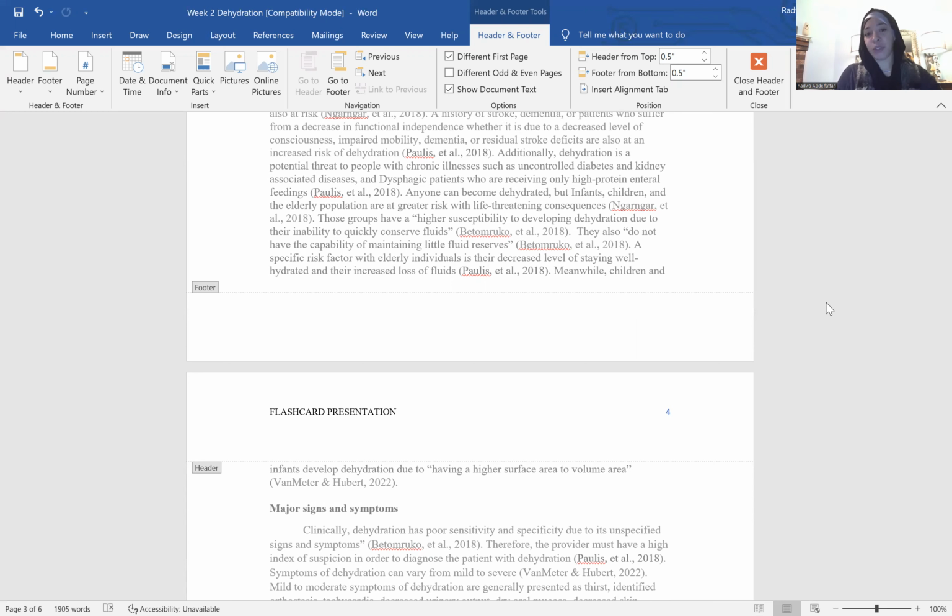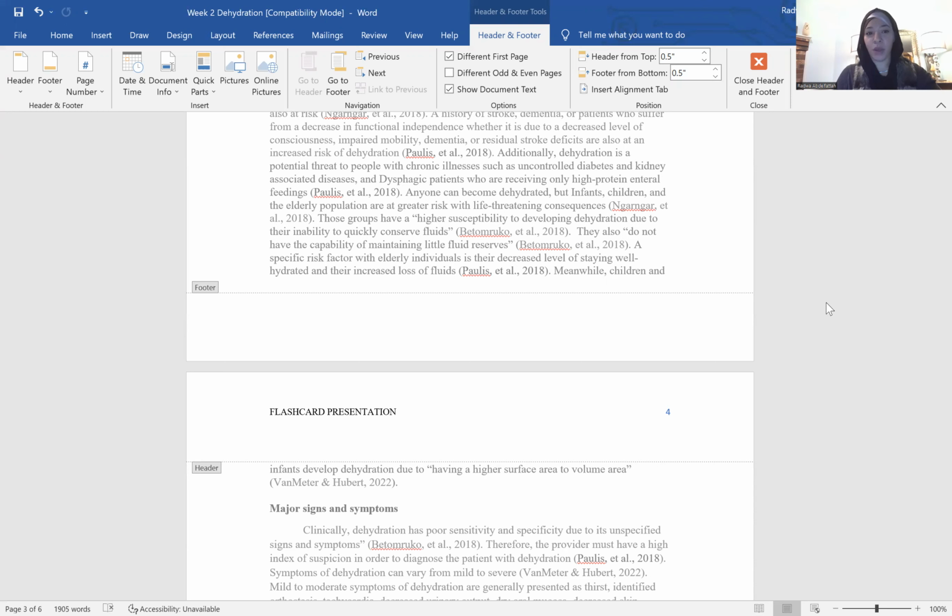Anyone can become dehydrated, but infants, children, and the elderly population are at a greater risk of life-threatening consequences. Those groups have a higher susceptibility to developing dehydration due to their inability to quickly conserve fluids.